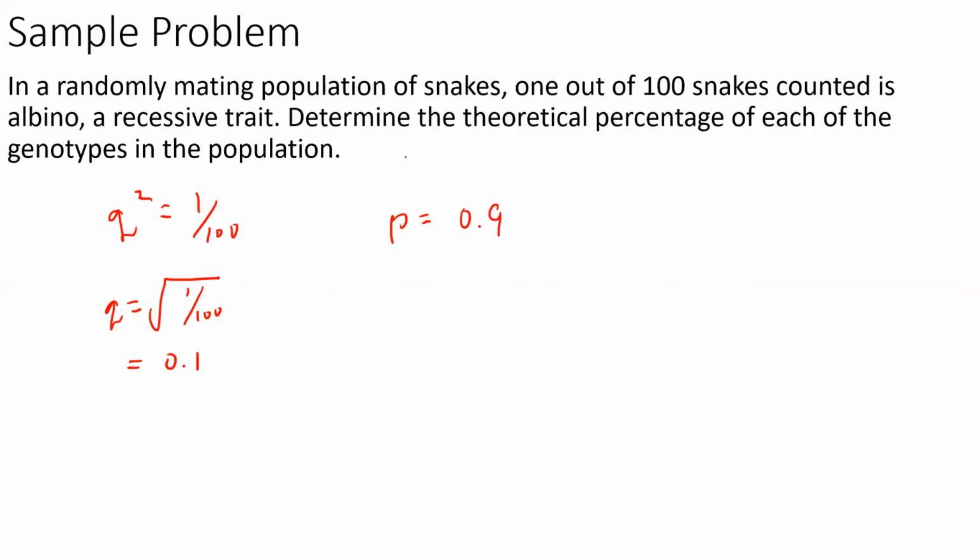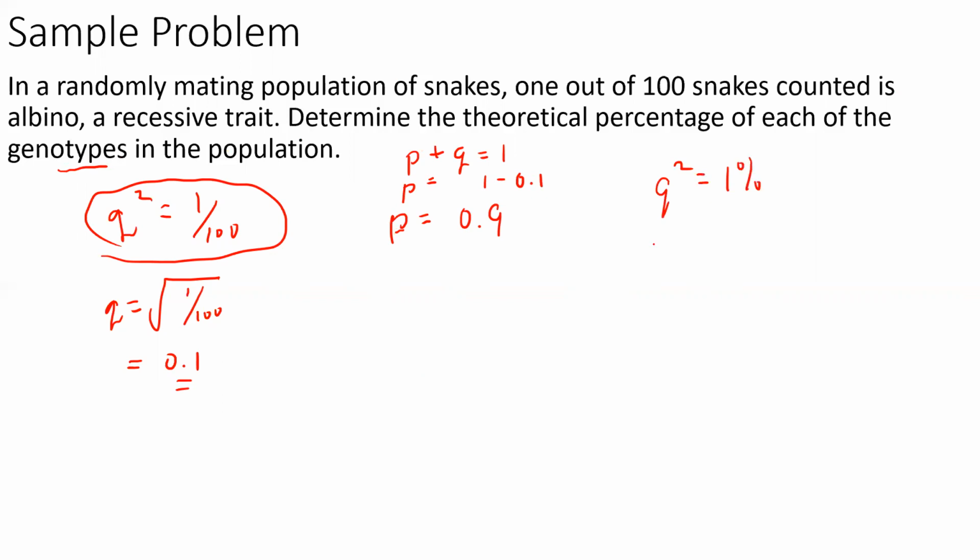We simply go P plus Q equals 1. So P is going to be 1 minus 0.1, remember? And we get 0.9. Oh, but I need my genotype frequencies. Well, Q squared was given to us. Q squared is 1%. P squared is 0.9 times 0.9, 0.81. So the remainder is going to be my PQs, okay?